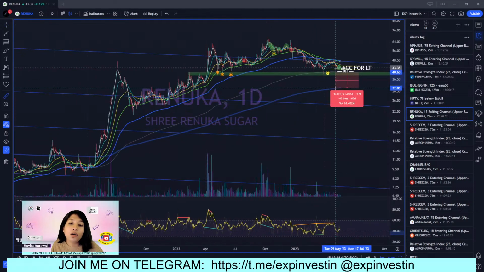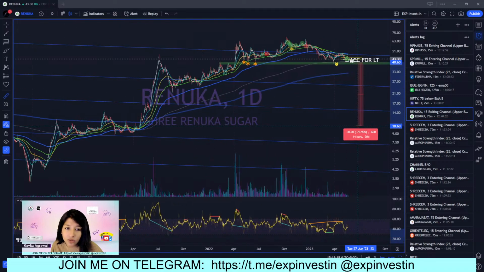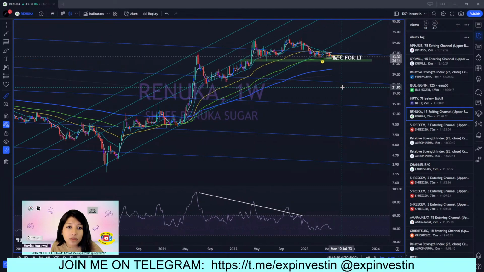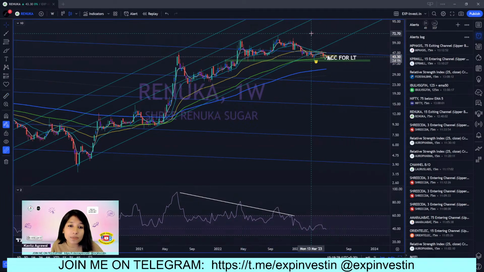However, in the stock of Renuka, because it is a very strong trending stock, I would suggest someone hold this stock for a longer time frame and hope for a new high at least. So that would give us a 50% upside with a target of around 64.